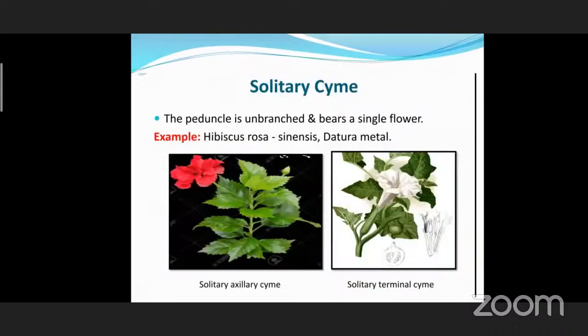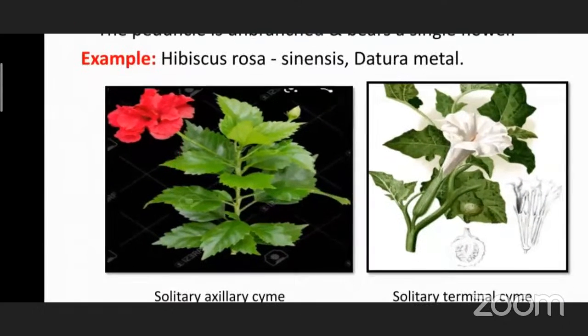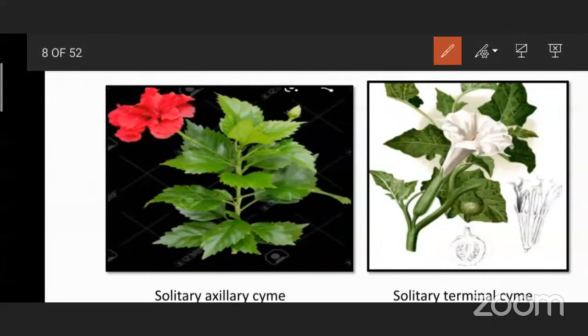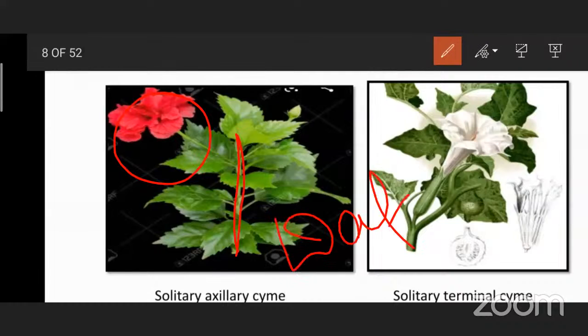And third one, cymose inflorescence, that is solitary cyme. See here, the peduncle is unbranched and it bears a single flower. Example, China rose. The scientific name, Hibiscus rosa-sinensis. Another example, Datura.